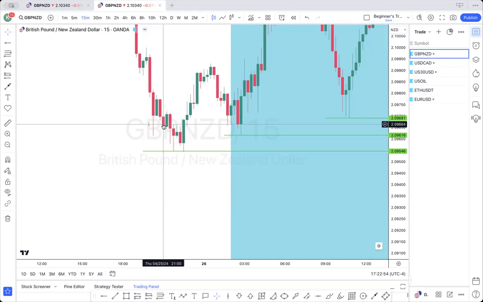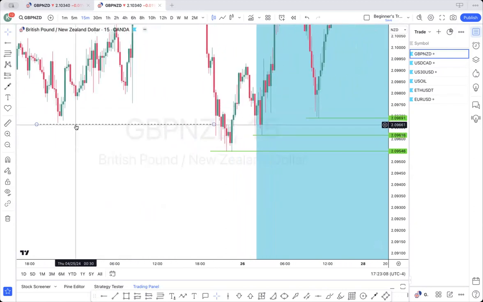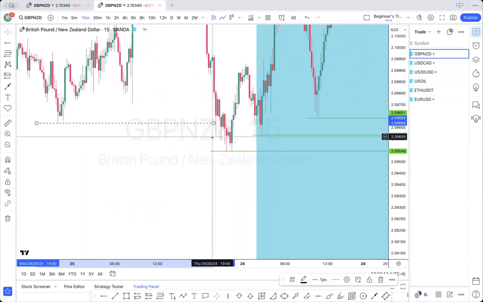Is that really a closed body candle beyond it? For me it is, because this is the swing that we're looking to break. I'm not looking to break these here, because if we keep moving the posts, it's never going to break. You see what I'm saying? Hold on a second.